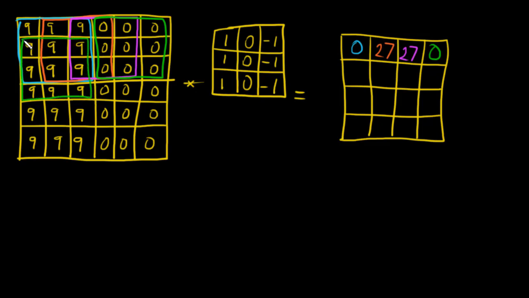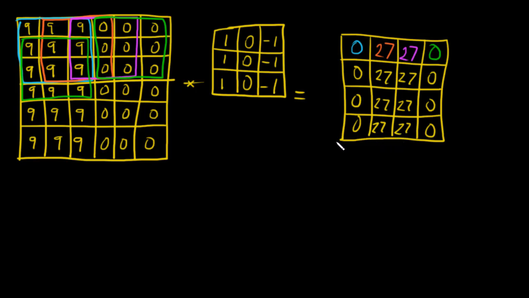I'm still going to get the same value that I had with the blue, the light blue value. So let me go back to my original yellow and fill in the rest. So I'm going to get 0, 27, 27, 0, 0, 27, 27, 0, 0, 27, 27, 0.